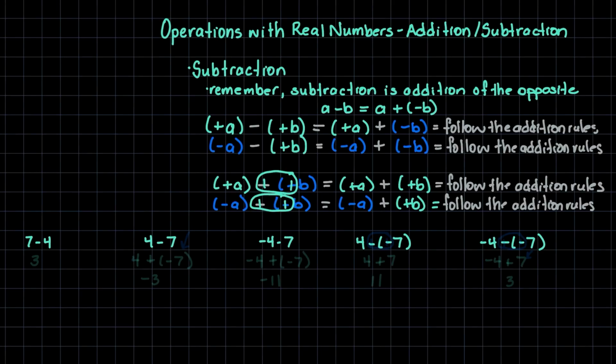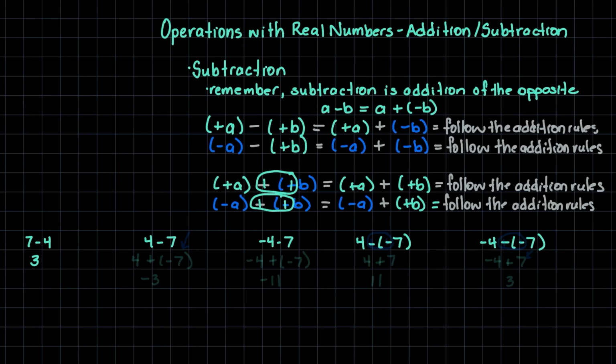Okay, 7 minus 4 is a standard subtraction problem. I wouldn't expect you to rewrite that as an addition problem. It's just 7 minus 4, it's 3. Now, 4 minus 7 is a little different. If you can do that in your head, please feel free.